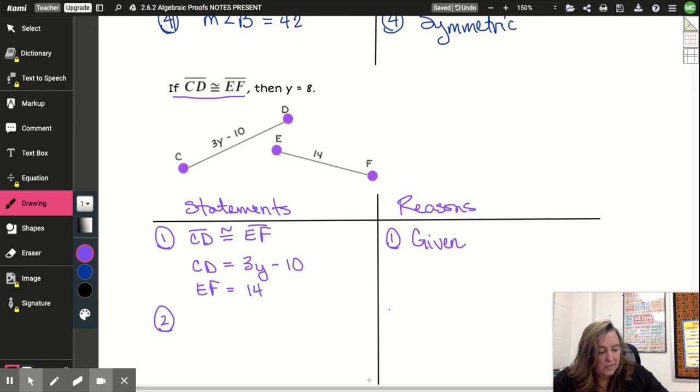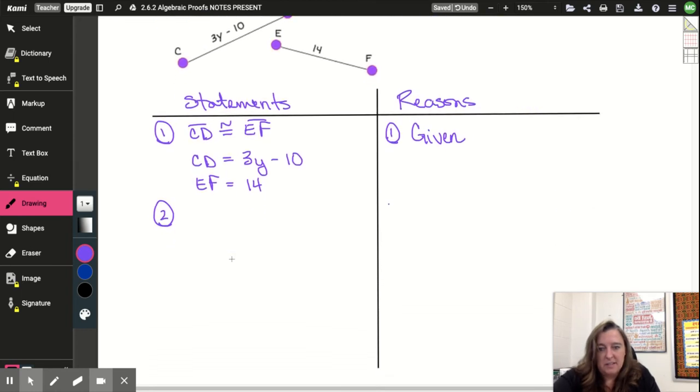Okay, now from there, I'm going to look back at this given information here and see what I can grab from it. My first bit of given is that two line segments are congruent. So because of the definition of congruence, I can say that that means that the lengths of each of those are equal.